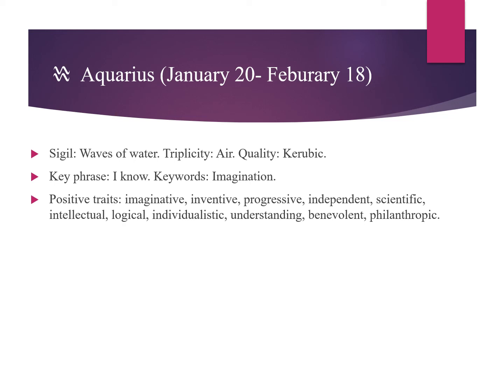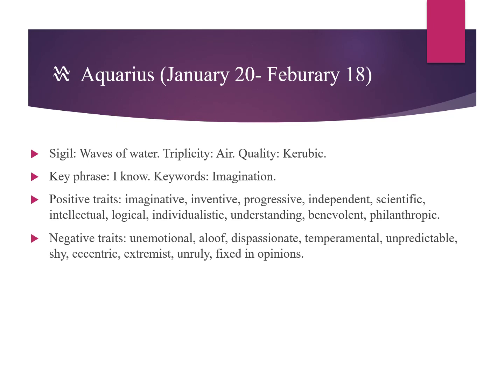Positive traits for Aquarius can include being imaginative, inventive, progressive, independent, scientific, intellectual, logical, individualistic, understanding, benevolent, and philanthropic. Negative traits for Aquarius are unemotional, aloof, dispassionate, temperamental, unpredictable, shy, eccentric, extremist, unruly, and being fixed in opinions.